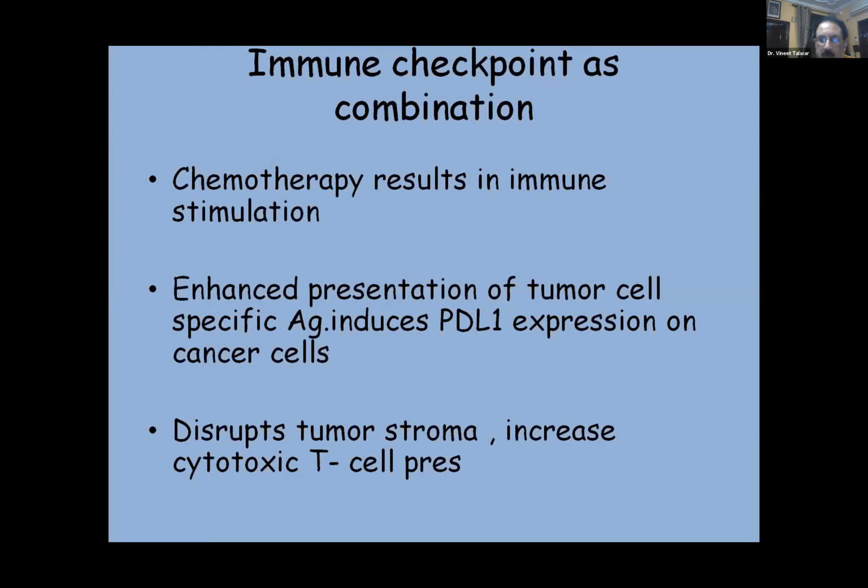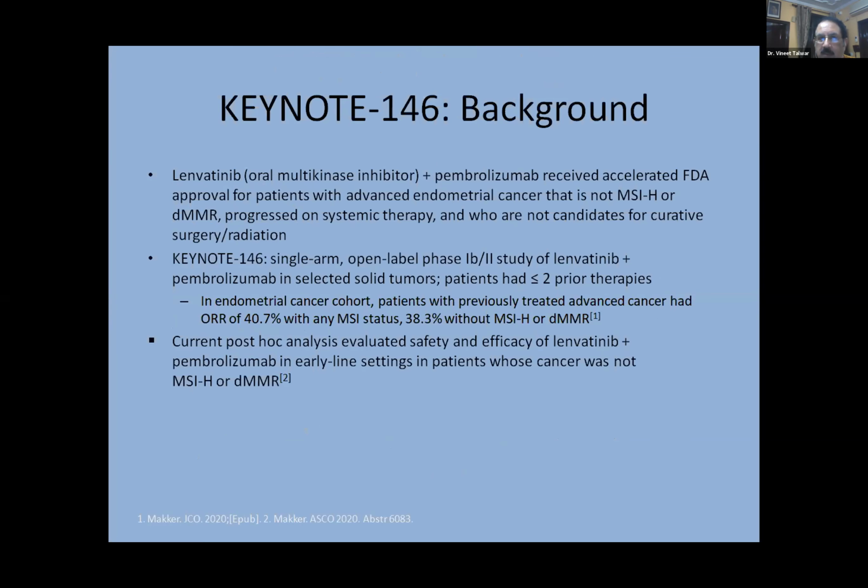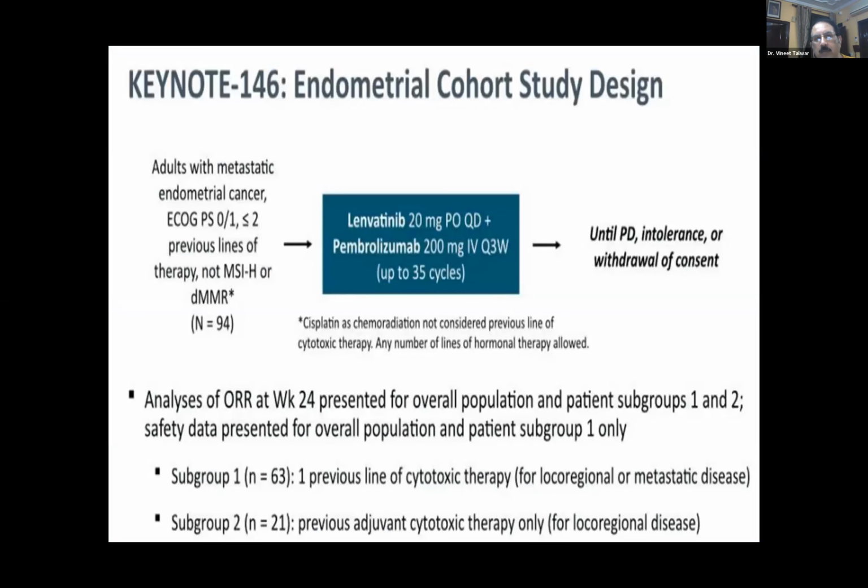So following this, a landmark study was done, which was the Keynote 146 study. In this, you can see these were the patients with adult metastatic endometrial cancer who had a good performance status and who were not MSI-high or deficient in MMR. So these were the patients who were taken, who had less than 2 previous lines of therapy and were subjected to pembrolizumab, which was the immuno-oncology drug, along with lenvatinib, which is a TKI, tyrosine kinase inhibitor.